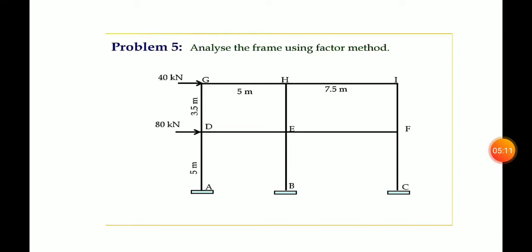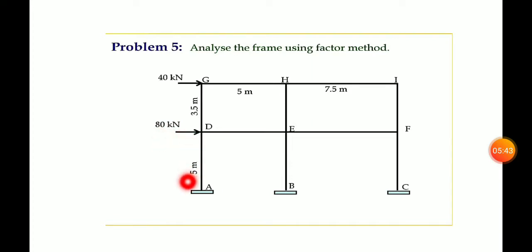Now we'll take a problem. By solving this problem we will understand how the factor method works. Analyze the frame using the factor method. Two horizontal forces are shown, 40 and 80 kilonewton. On the top story the 40 kilonewton load is acting, and on the bottom story the 80 kilonewton load is acting.